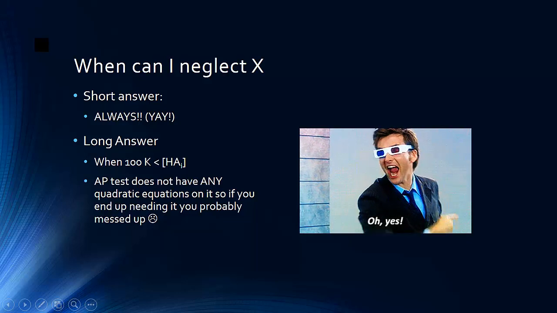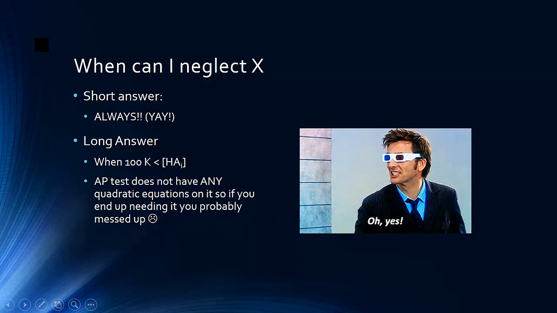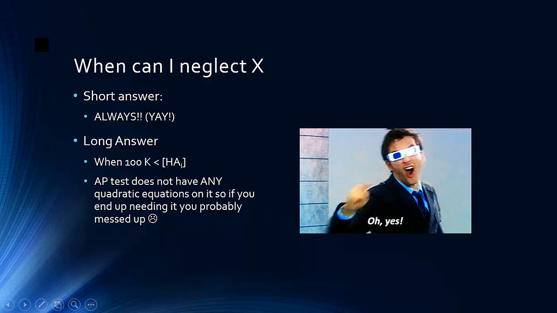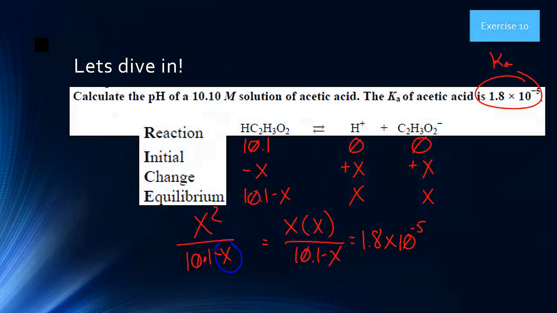The short answer is, remember, the AP exam does not favor students that have a quadratic solving calculator, so the short answer is you will always be able to neglect this x in the denominator. You just have to explicitly say, I am neglecting this x. In which case, this problem becomes much simpler. x squared over 10.1 has to equal 1.8 times 10 to the minus fifth.